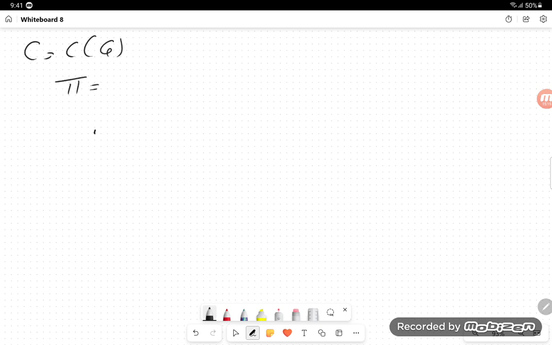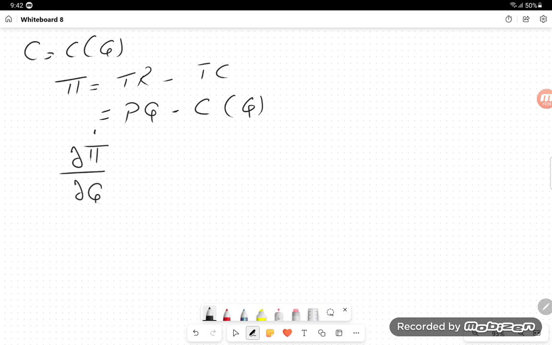So profit of this firm will be calculated as total revenue minus total cost, or in other words, price multiplied by quantity minus the cost function. So if you would like to find the maximum amount, it will be found using the first derivative with respect to quantity. So it will be P minus marginal cost.